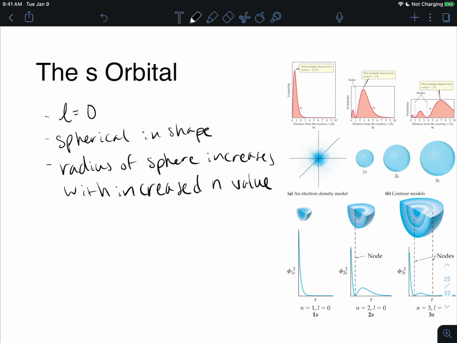And now we also want to look at our nodes for our s orbital. So these are areas of 0 electron density.